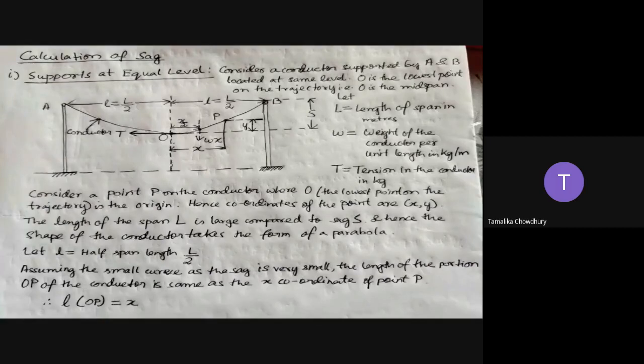Since this length of the span is very large compared to the sag S, hence the shape of the conductor takes the form of a parabola.